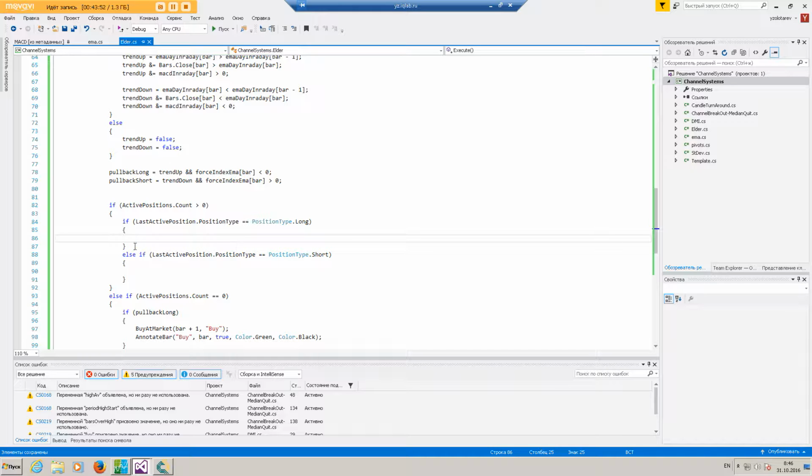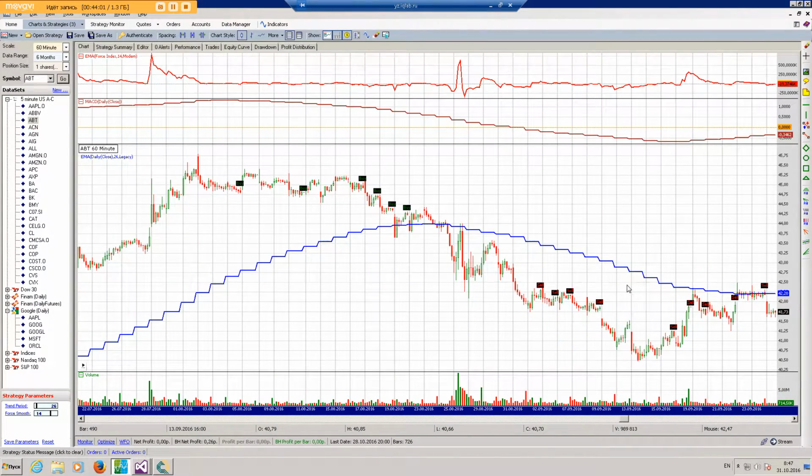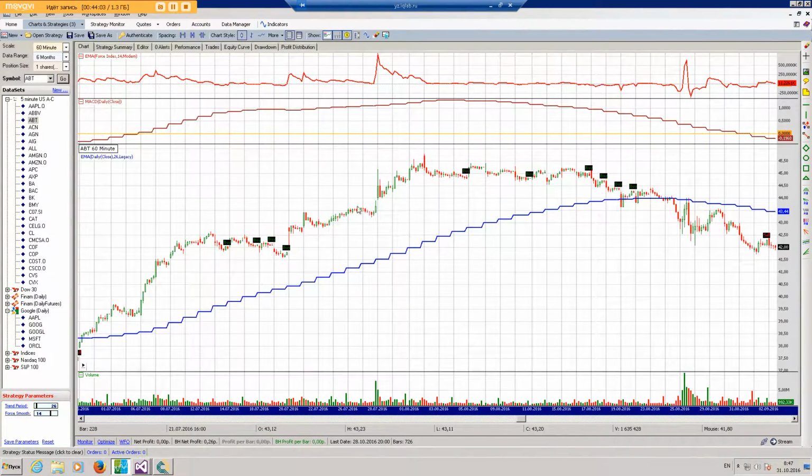And let's see, because we can't really wait until it comes back to the line. So we need to set some kind of profit, and that's just going to be a percentage, I guess, right?